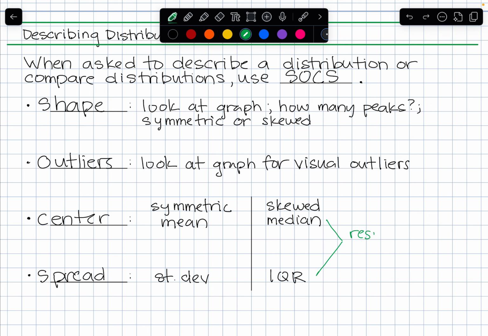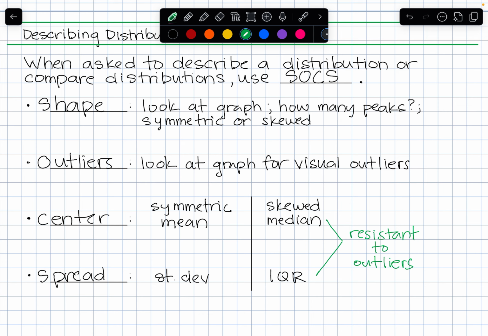Resistant. Meaning one extreme data point being added or removed to the data set is not going to change those two measures very much. Those measures care about location and not about actual data values.